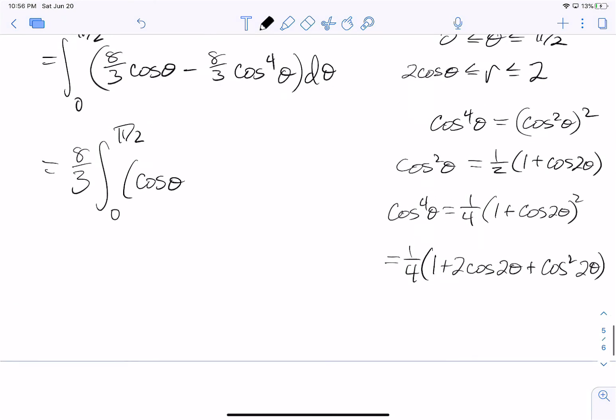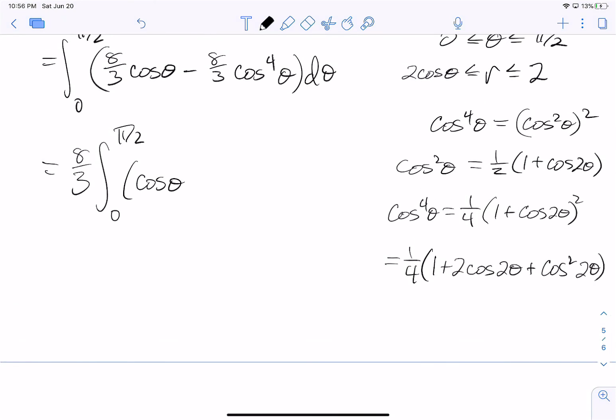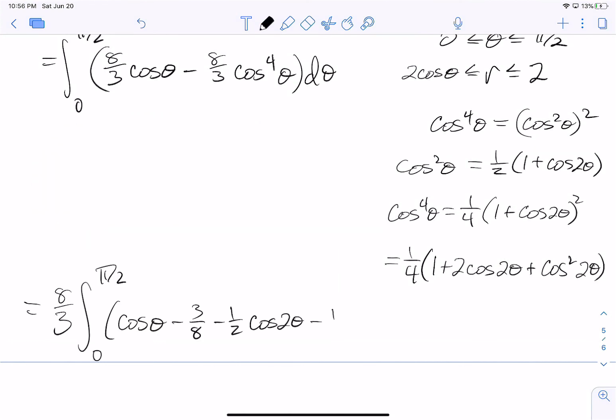I will leave it to you to verify that when all is said and done, our integrand becomes 3/8 minus 1/2 times the cosine of 2 theta minus 1/8 times the cosine of 4 theta d theta.